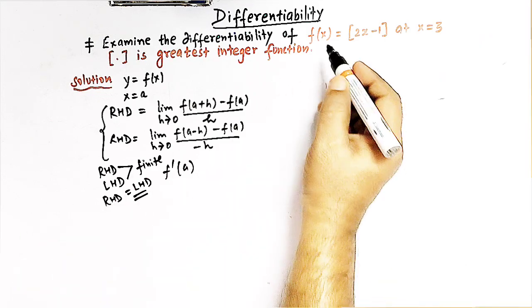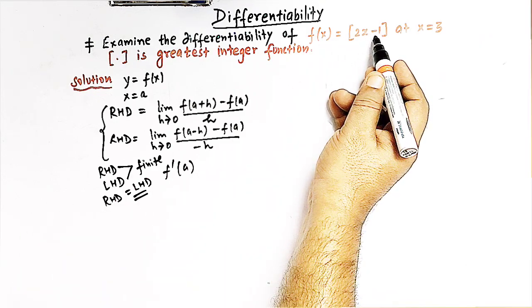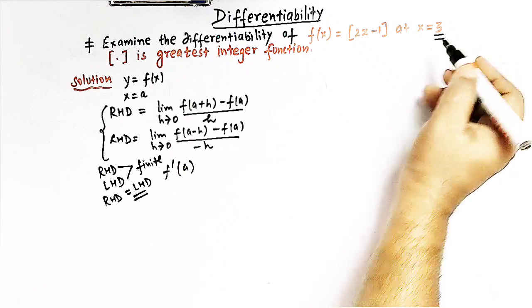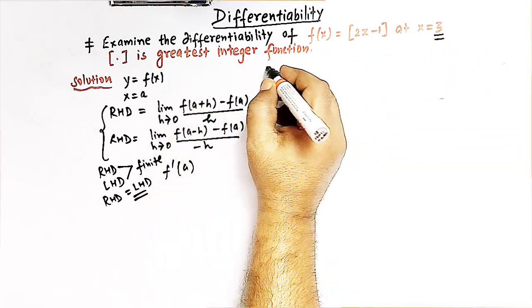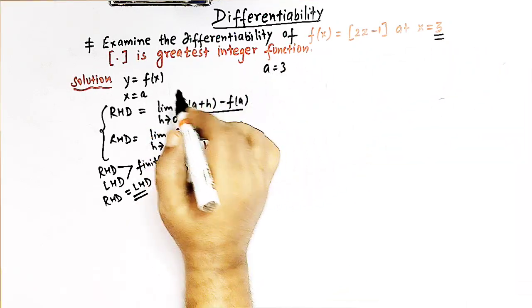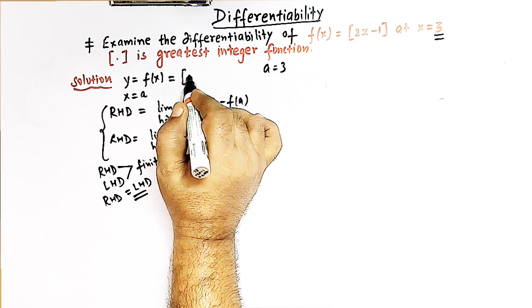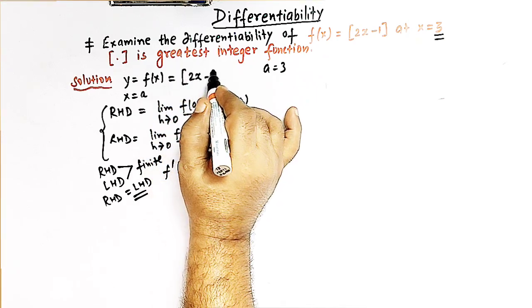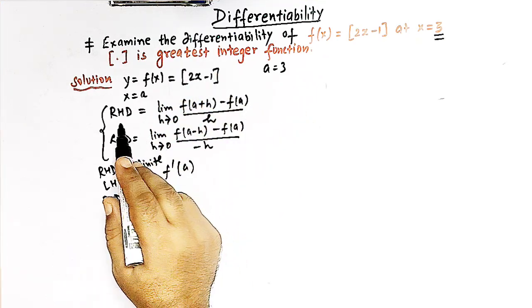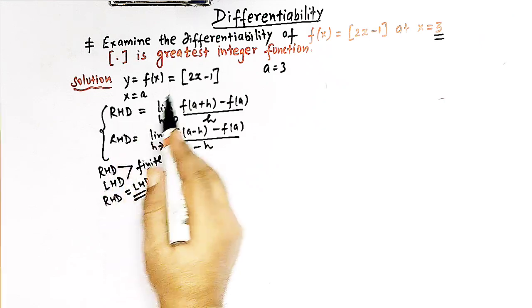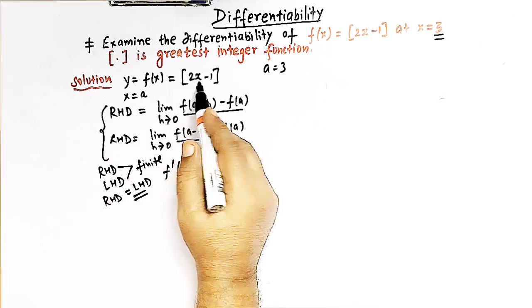So here we are given this greatest integer function, and our point a is given as 3, and the function f of x is given as the greatest integer of 2x minus 1. So let us find out the right hand derivative for this function.